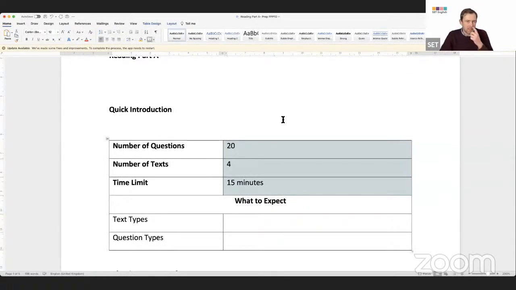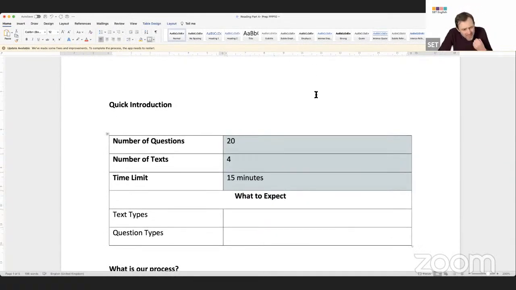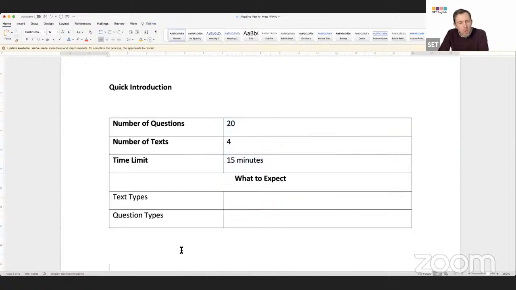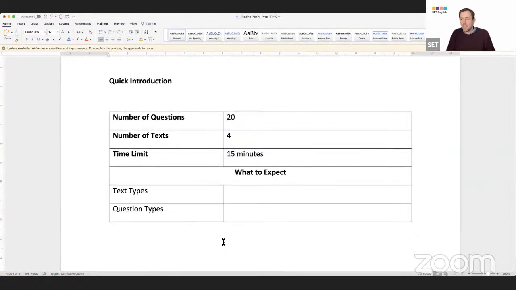That's what we're really trying to do. So what we're trying to do is work out a way of doing this quickly and accurately.